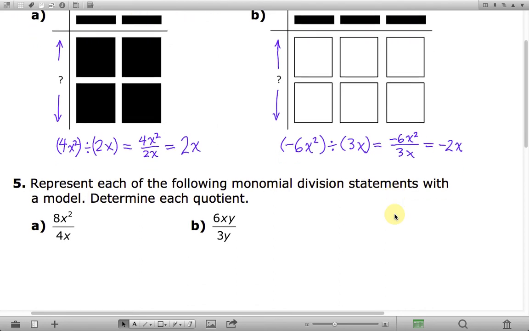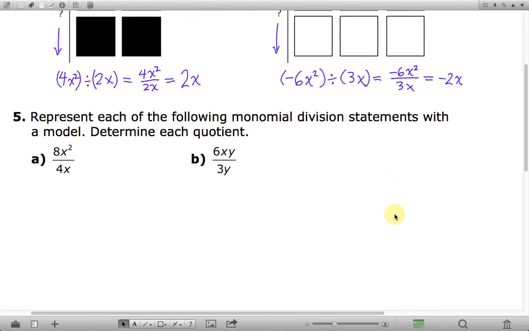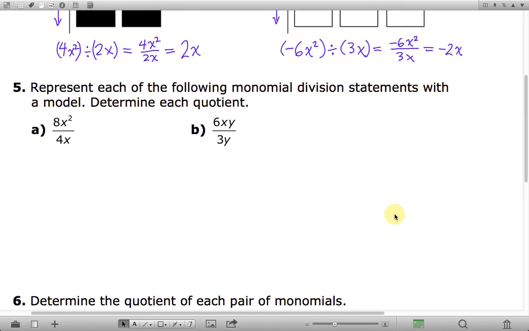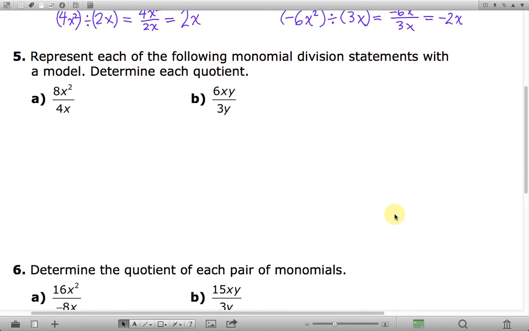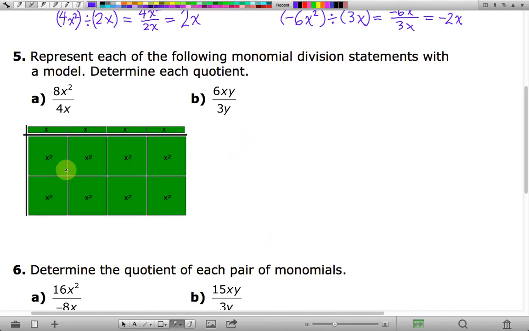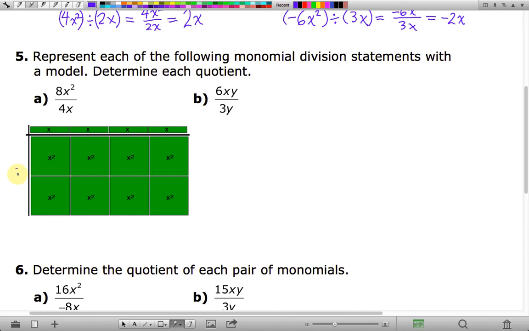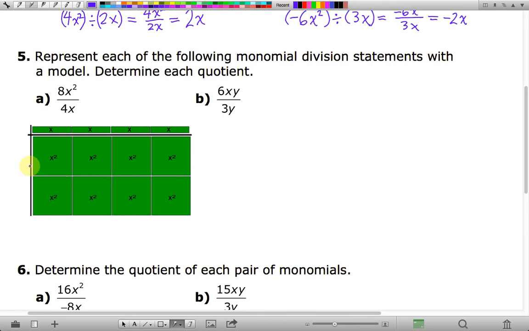But we're going to practice just setting up a division statement with a model, and we're going to determine a quotient. So the first one we're going to do is 8x squared divided by 4x. So here we have the 8x squared that we're dividing by 4x, and we're looking for a quotient here.